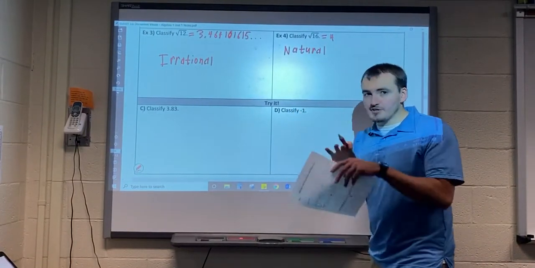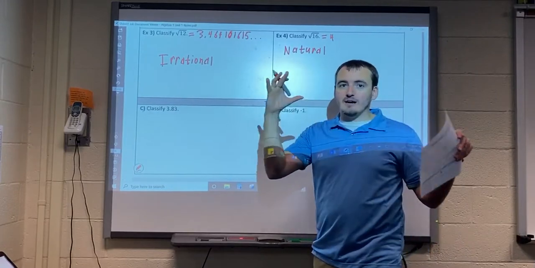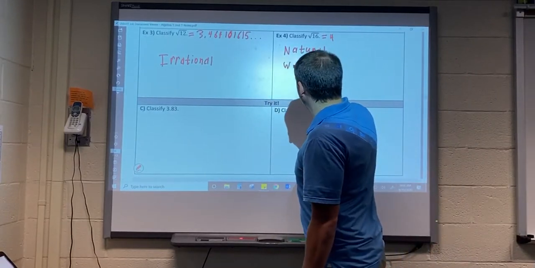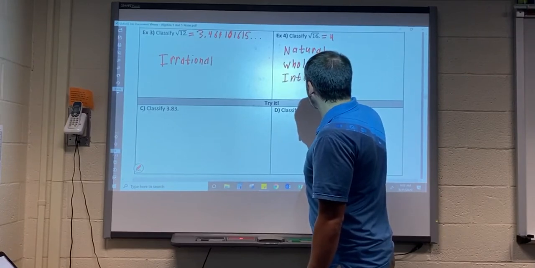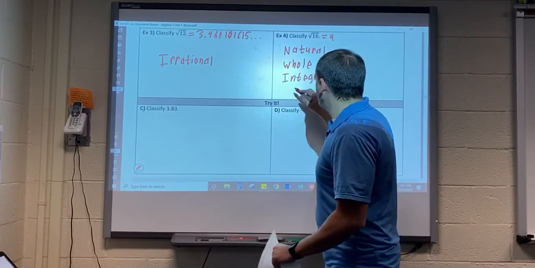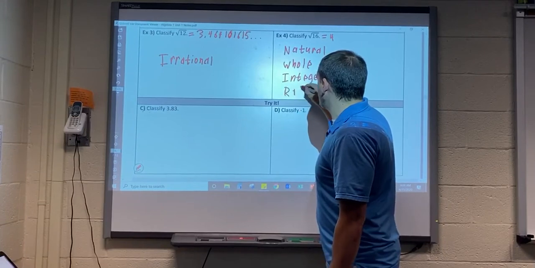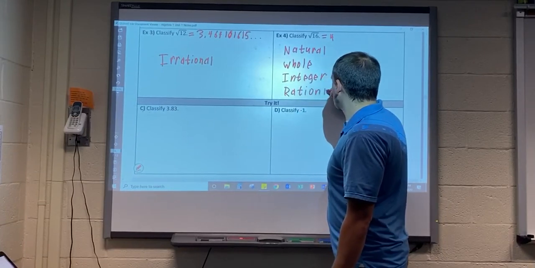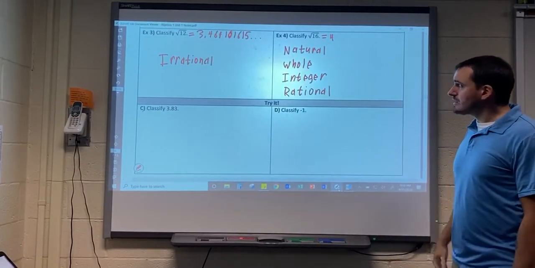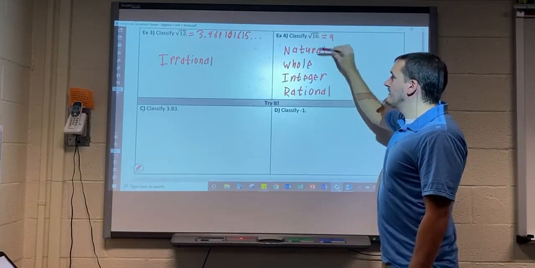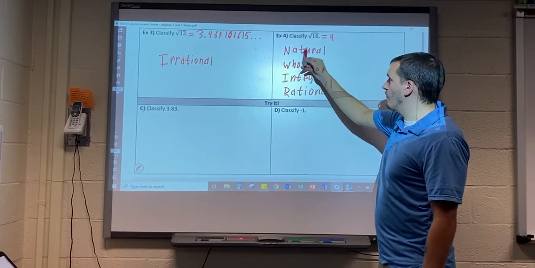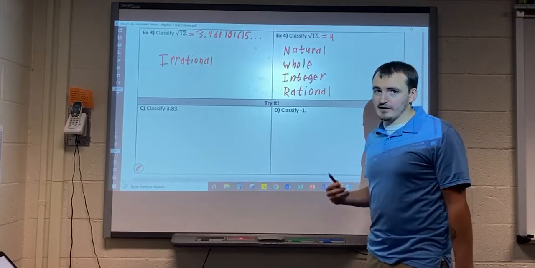It is also all of the categories on the outside of that. So it is also a whole number. It is also an integer. And it is also a rational number. Okay? So for instance, if I were to give you this question on a test or a quiz, this would be a 4-point question. 1 point for each of those categories.